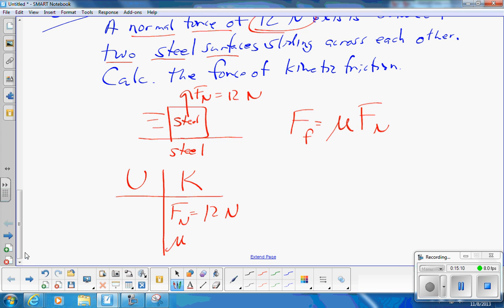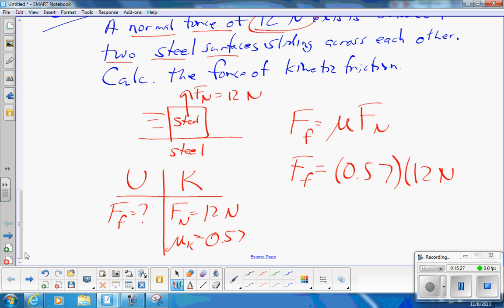We have a coefficient of kinetic friction of 0.57, and we can calculate the friction force by plugging those into this formula. Friction force is unknown, and that's going to be 0.57 times 12 newtons. Pressing buttons, 0.57 times 12 is equal to 6.8. I'm going to round it to 6.8 newtons.